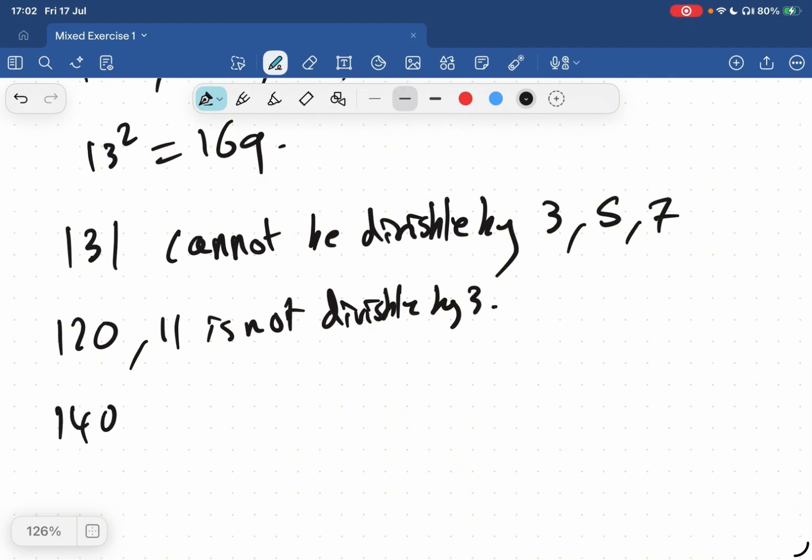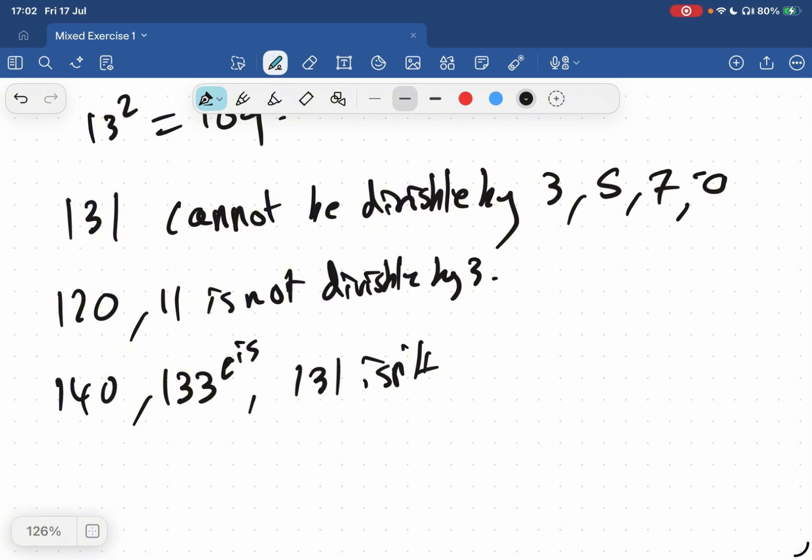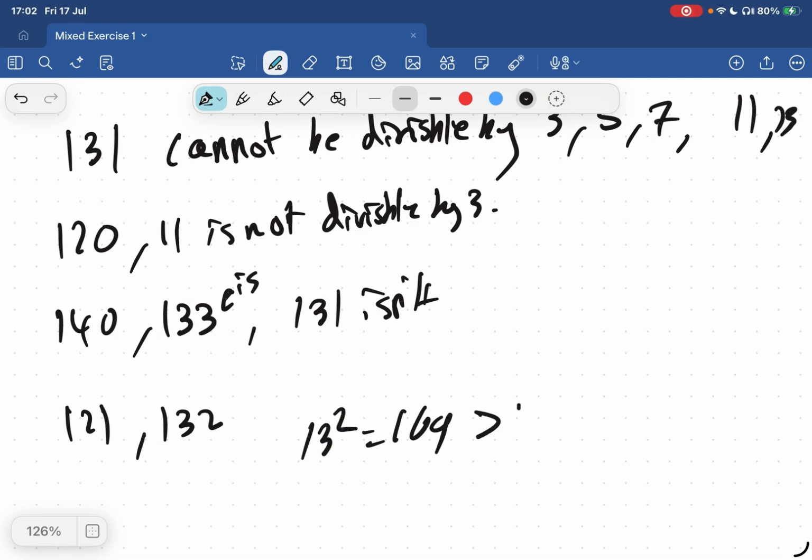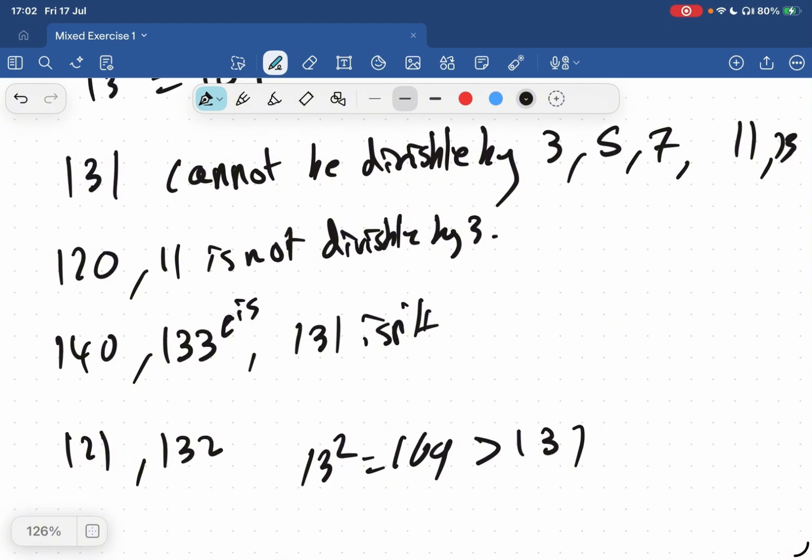We know 140 is divisible by 7, so that must mean that 133 is, so then 131 isn't. We don't look at 9, we look at 11. Yet again, 121, 132, and then 13. 13 squared is 169, which is greater than 131. So here we prove that 131 is prime.